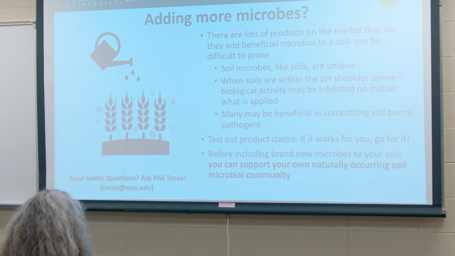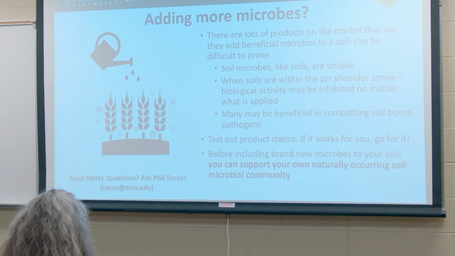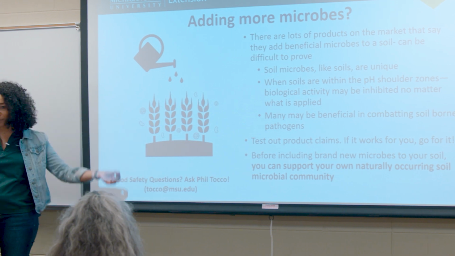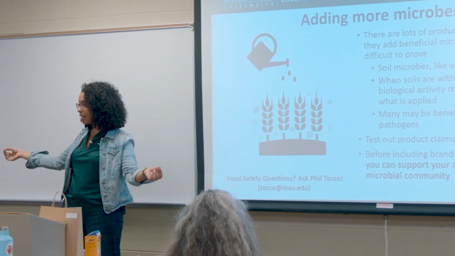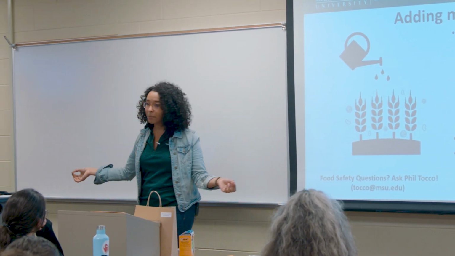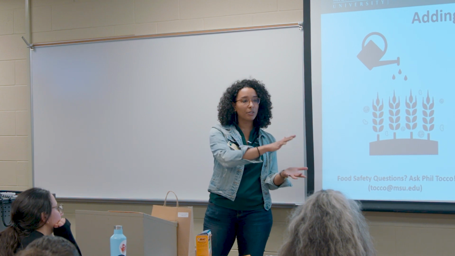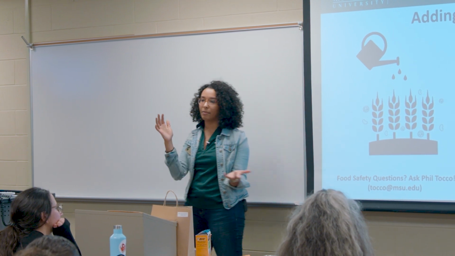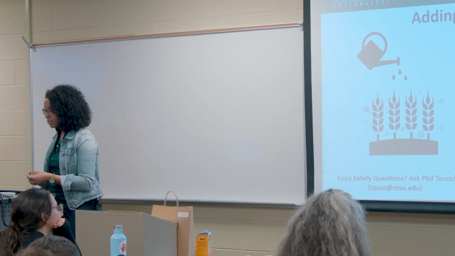Another factor that influences something like adding microbes is our soil pH. Yet again, if we're in those shoulder pHs where microbial communities cannot survive, is adding them going to be a benefit? Probably not, because we're already at a point where our soils are so acidic that nothing can survive. So that's another consideration.